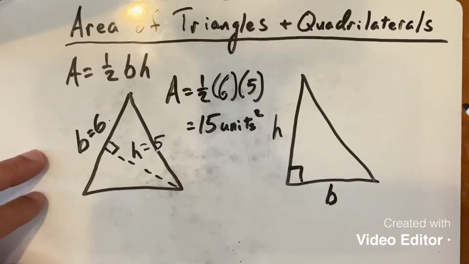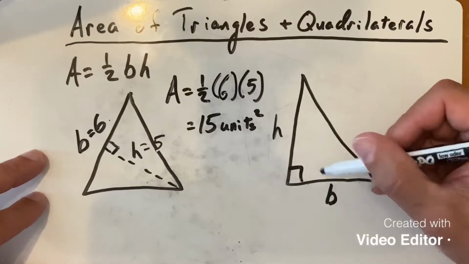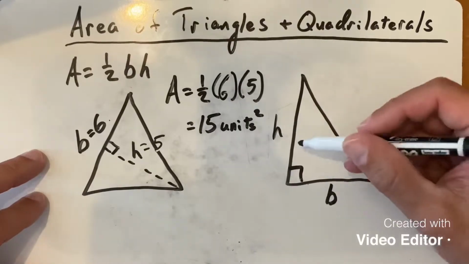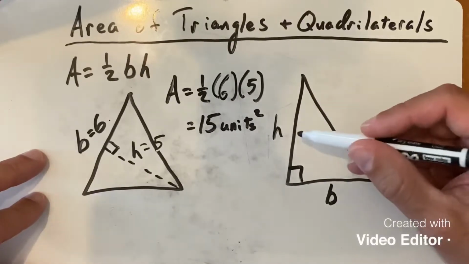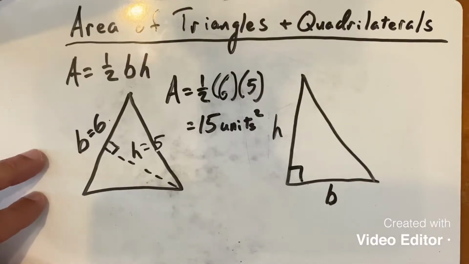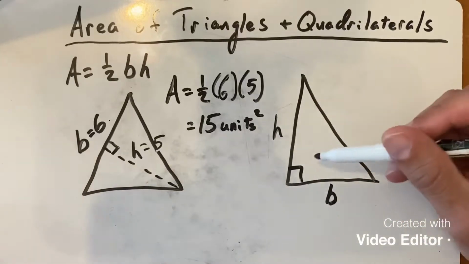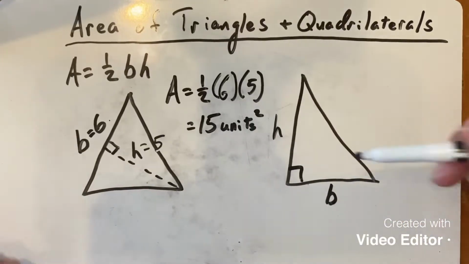So for a right triangle, to find the area, we're simply going to do 1/2 leg times leg. You don't have to find that perpendicular distance, but you may have to use the Pythagorean theorem or some other method to find the other leg. So to find the area of a right triangle, multiply the legs together, and then divide by 2.